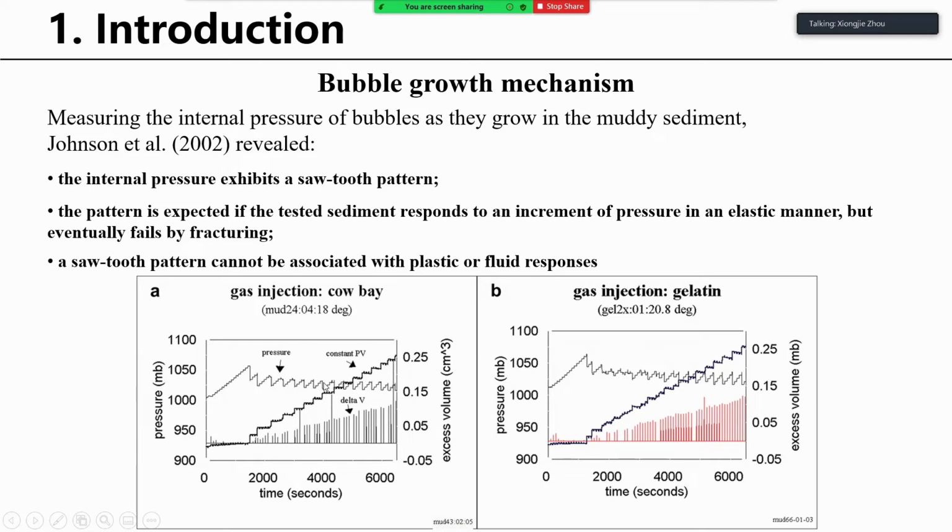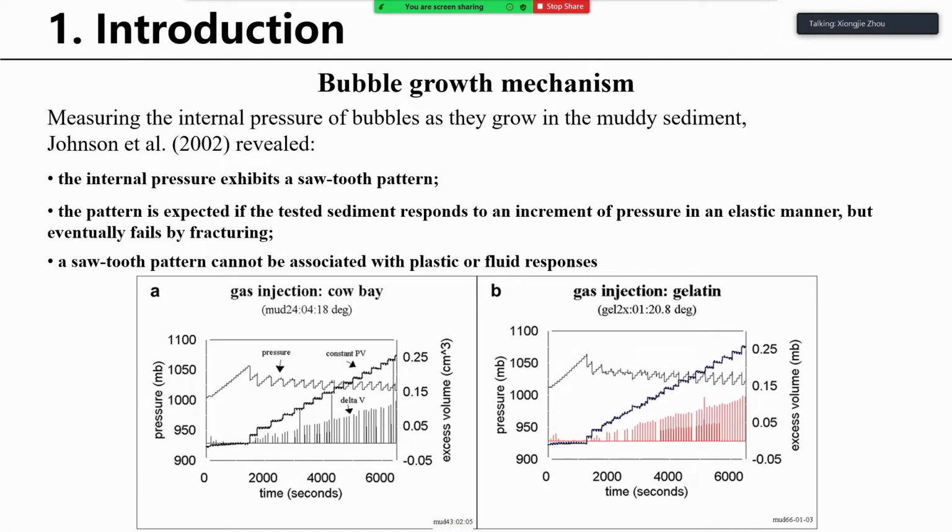At this stage, for instance, when the methane gas is injected into the bulb, the elastic expansion at this stage exceeds some threshold, and then fracturing of the bulb occurs at the end of expansion, and the pressure drops down at the fracturing stage. And this is the fracturing.